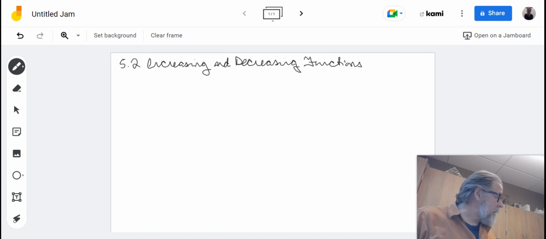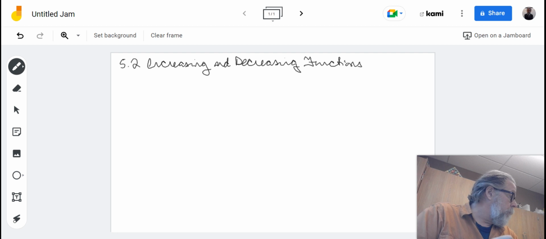All right, a couple quick things we want to talk about here. First is increasing and decreasing functions. This is just definitions. We can use these definitions for a variety of proofs, but let's talk about the idea of an increasing function.